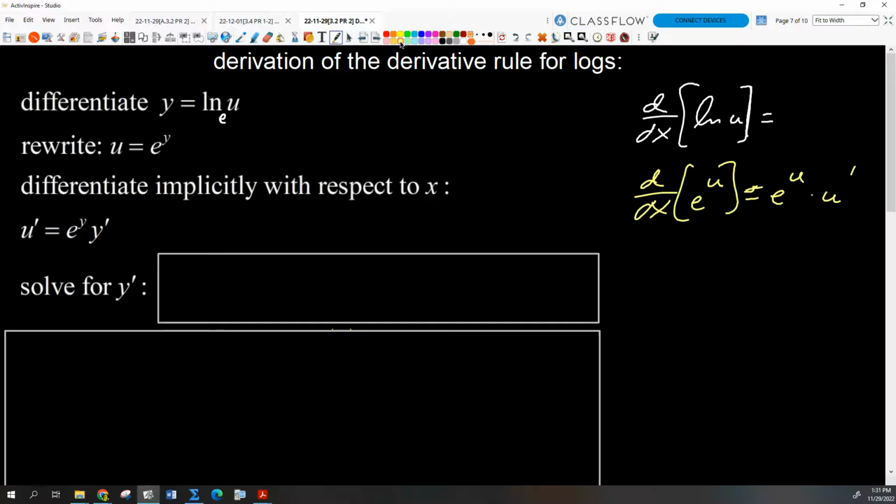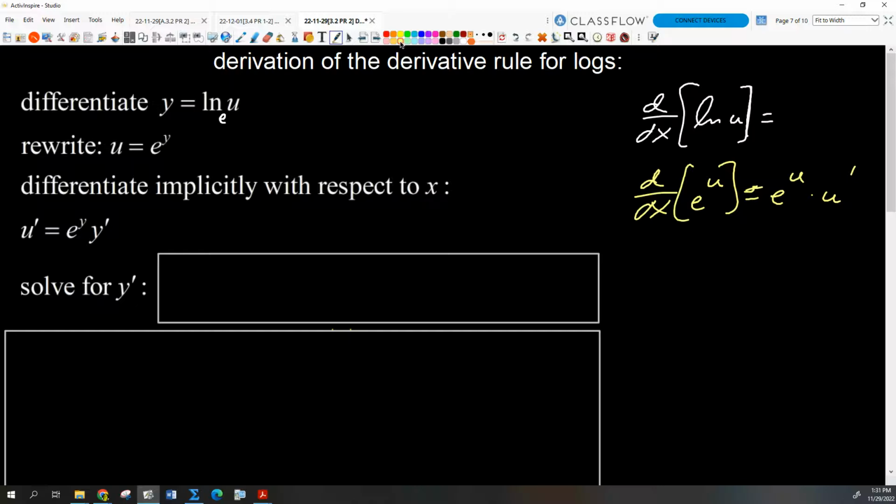By the chain rule. Okay, that's one of our derivative rules. Okay? So then I just solve for y prime.